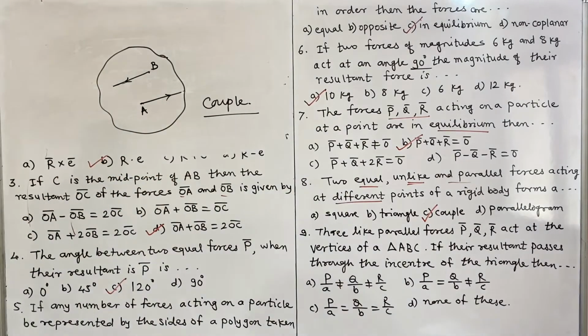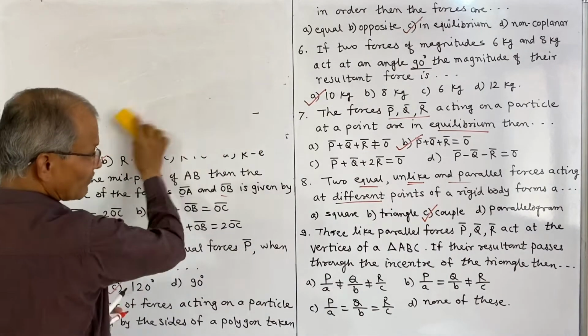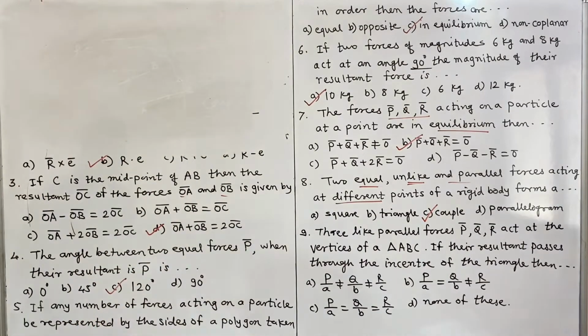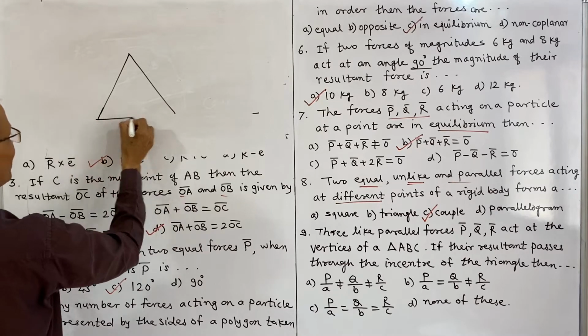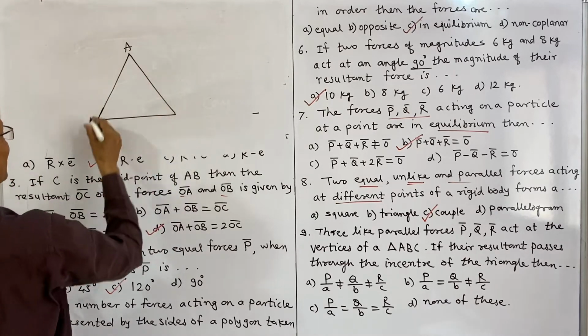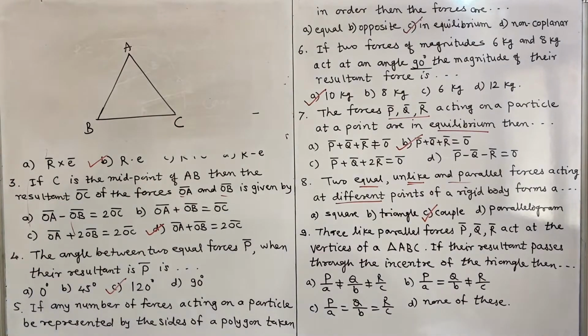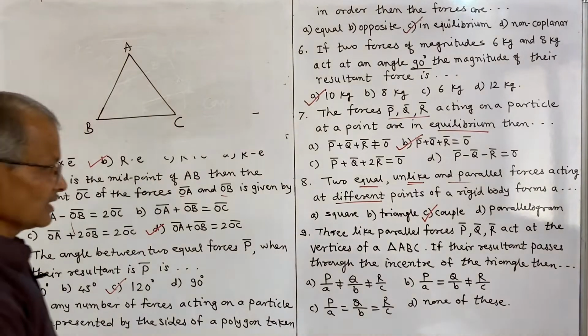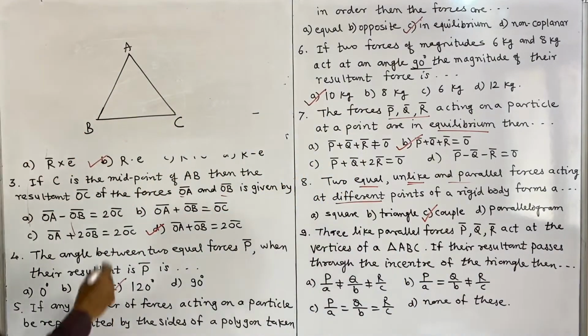Next one: three like parallel forces P, Q, R act at the vertices of a triangle ABC, and if their resultant passes through the incenter, then which result is true? Suppose the triangle is ABC and the like parallel forces act at the vertices.